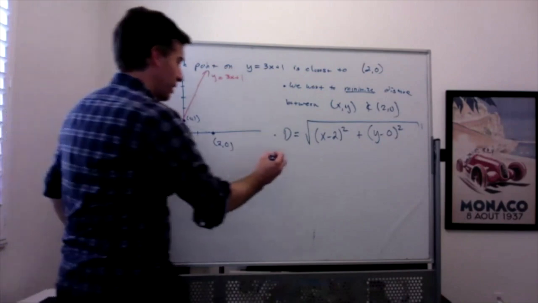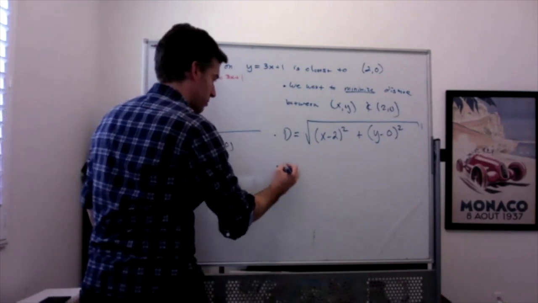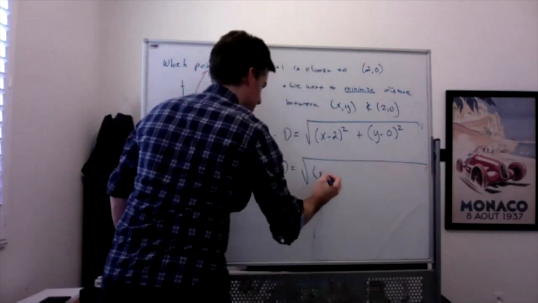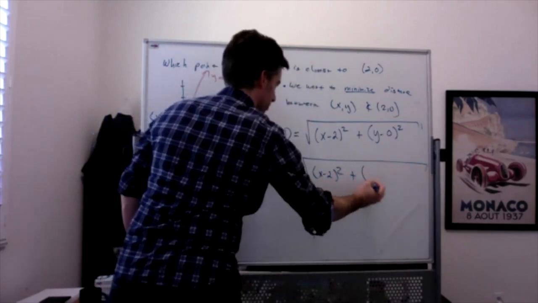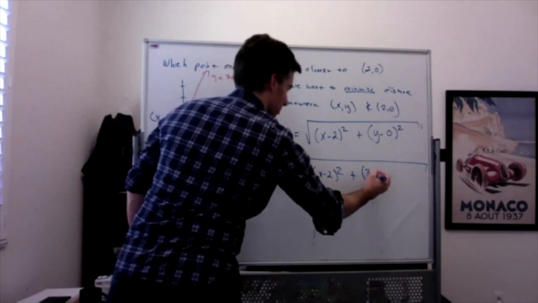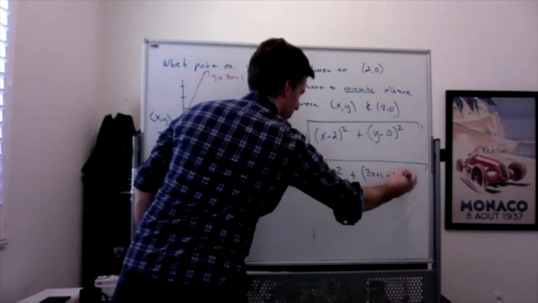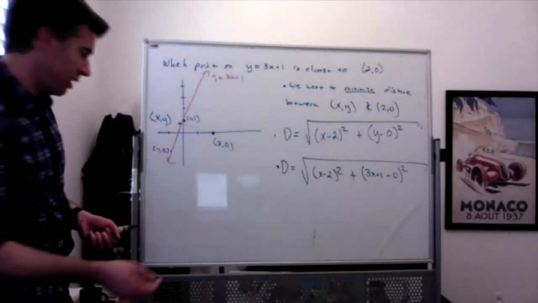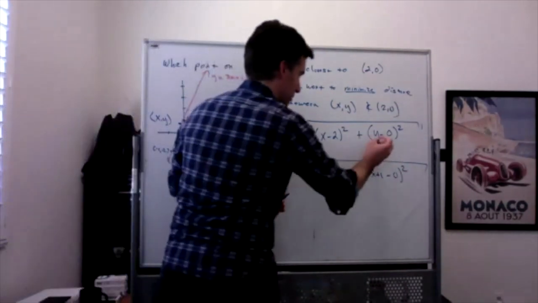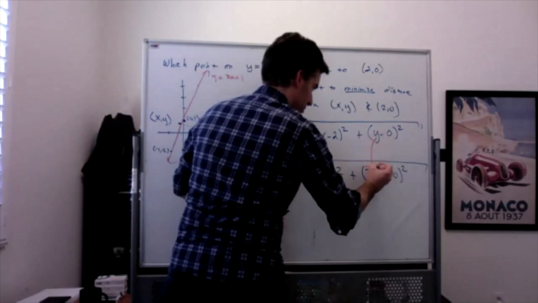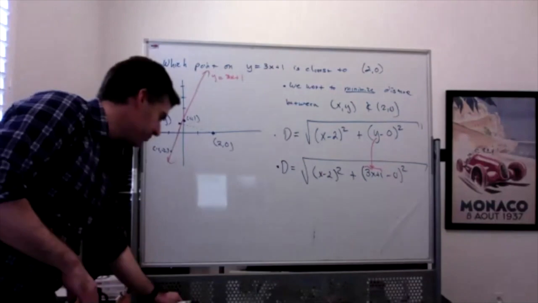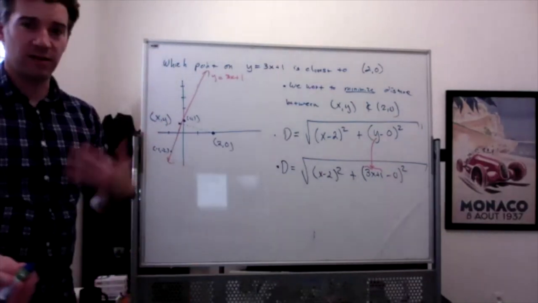So we can rewrite this as distance is equal to the square root of x minus 2 squared plus 3x plus 1 minus 0 squared. Oh, I don't need the minus 0, but okay. So I'm going to simplify this a little bit.